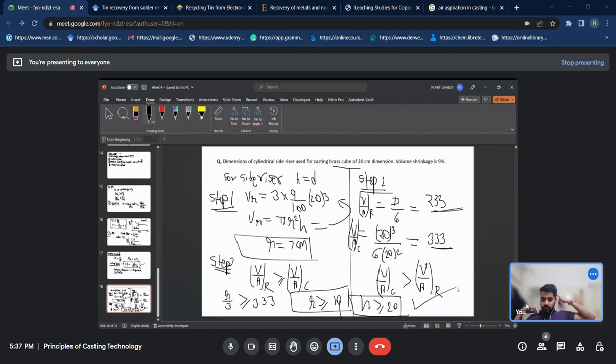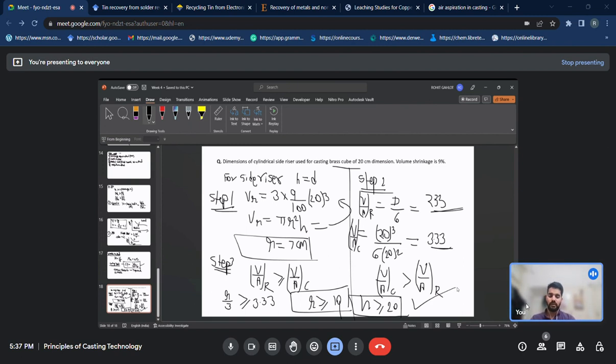Okay, so this is the basic problem, and this is how our approach should be. Firstly, from the given things we calculated the radius and height of the riser. Then we checked whether the conditions of V by A of the riser and V by A of the casting are being met.